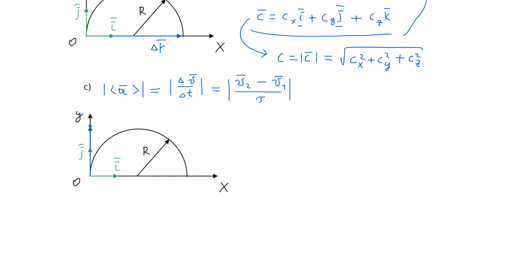Velocity is always tangent to the trajectory. So in the initial point we have velocity v1. And where will velocity v2 be in this situation?